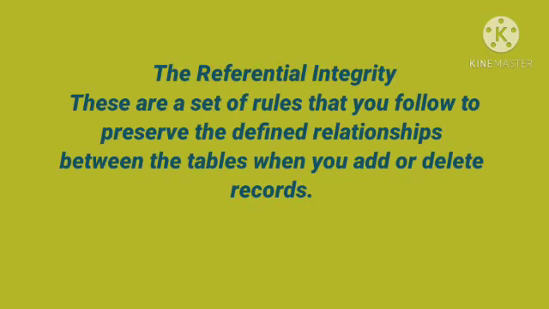Referential integrity. These are a set of rules that you follow to preserve the defined relationships between the tables when you add or delete records. When creating a relationship between two tables, MS Access uses the referential integrity feature.